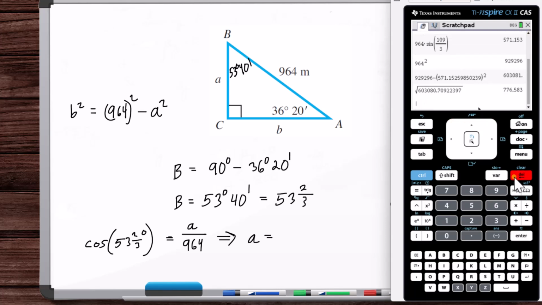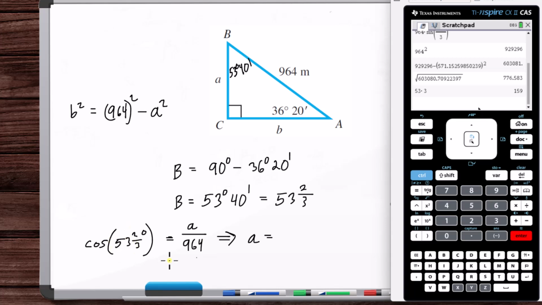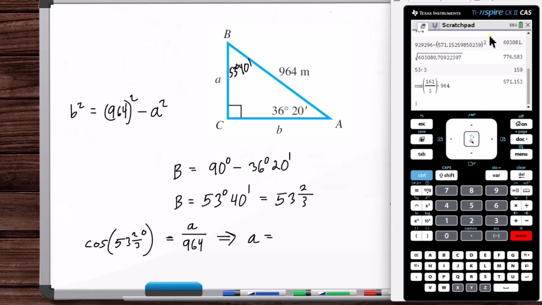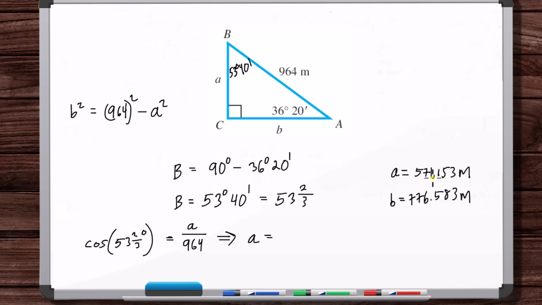So, okay, wait. 53 times 3. 159 plus 2, that's 161. So this is 161 divided by 3. So we do cosine 161 divided by 3. That's adjacent over hypotenuse, so then we multiply that times the hypotenuse. 571.153.